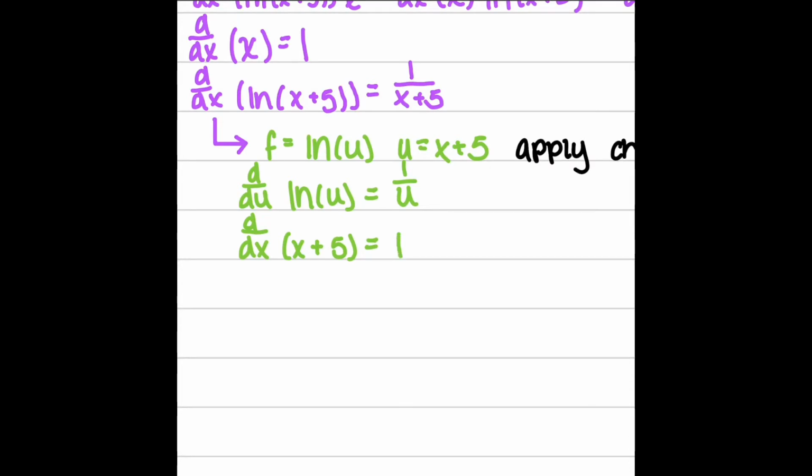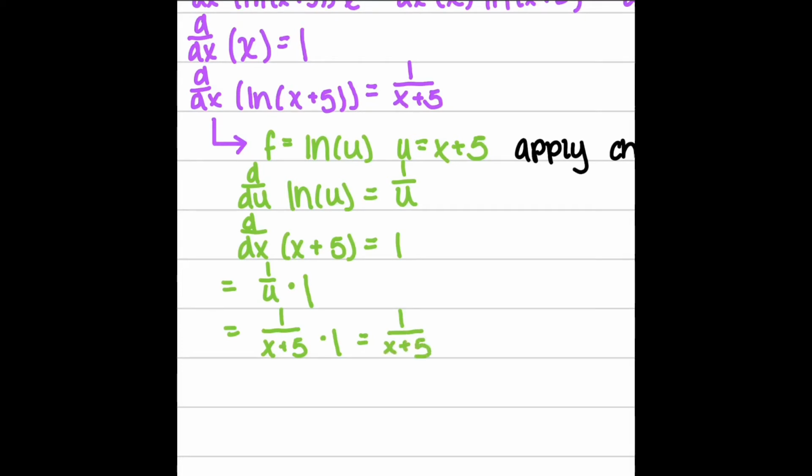And then we put those two together, and it's going to be 1 over u times 1, which is then going to equal 1 over x plus 5 times 1, which simplified is just 1 over x plus 5. And then for those of you who are confused, I'm going to put up here, substitute u back in for the problem.